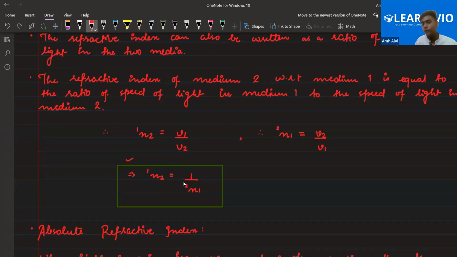Is this clear to all of you, Junaid and Arish? Please be serious, because this topic is a little bit tricky. You have to understand which one should be with respect to medium 1 and which one should be the other. Please let me know if it's completely clear, if you are confident in it.